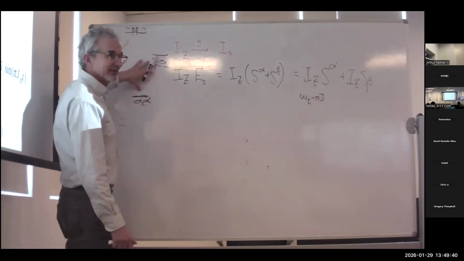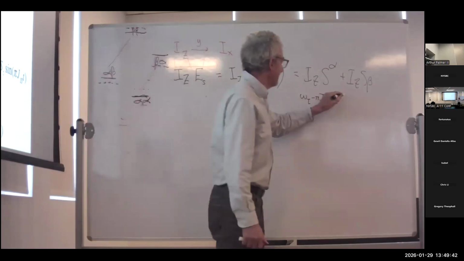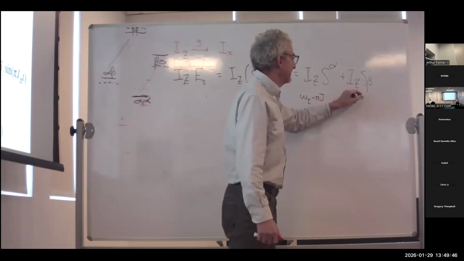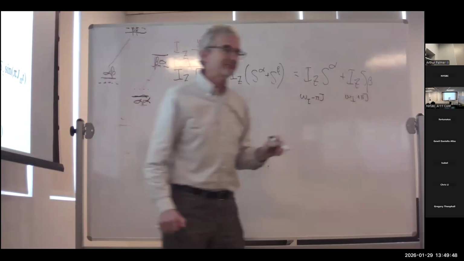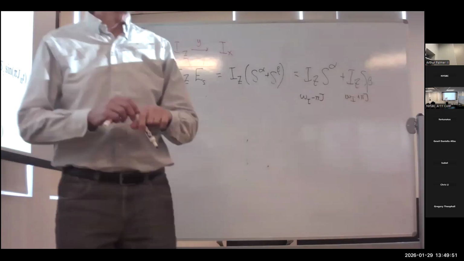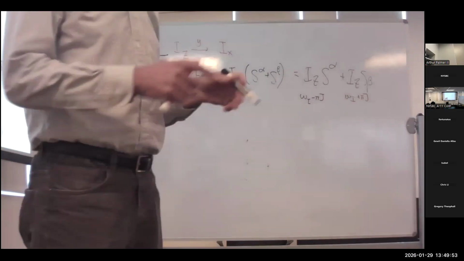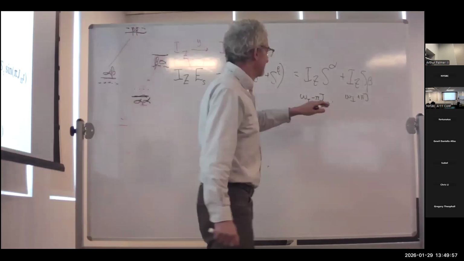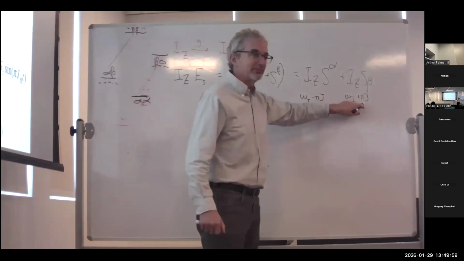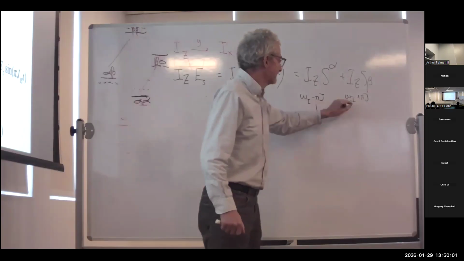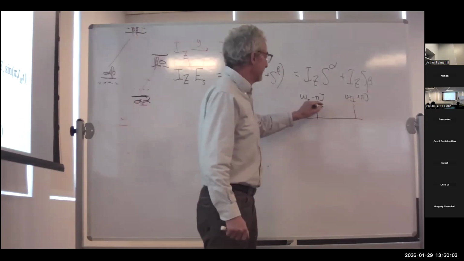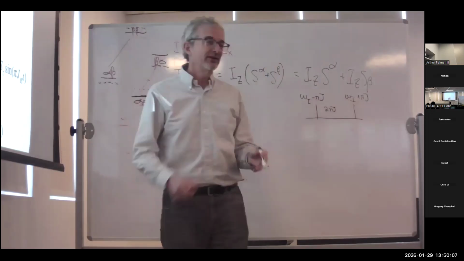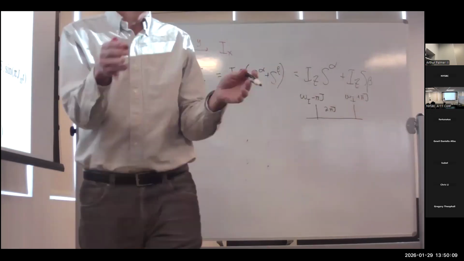And this one is going to have a frequency omega I plus pi J. When I look at the spectrum, I'm going to see two peaks. And their splitting is going to be 2 pi J, or in hertz, the splitting is going to be J, back to what I expect it to be.